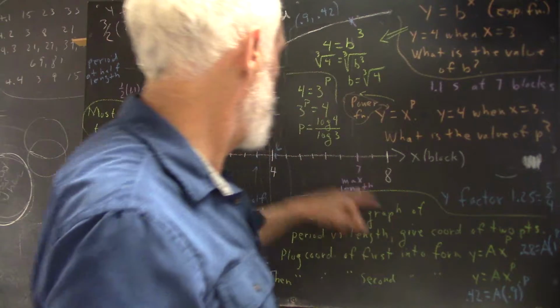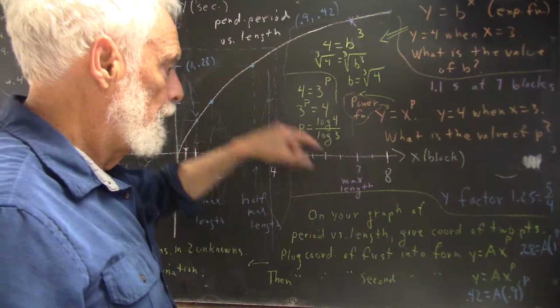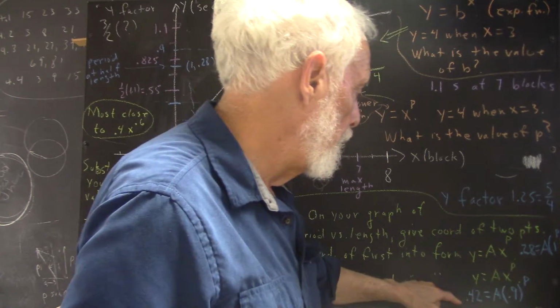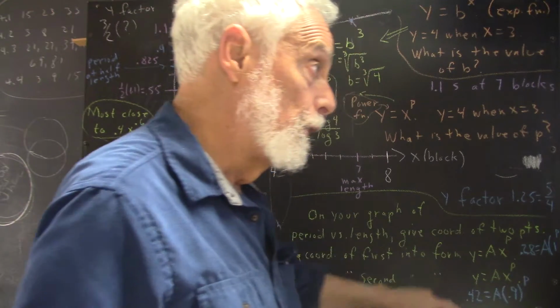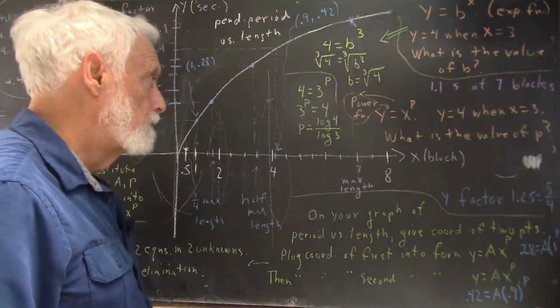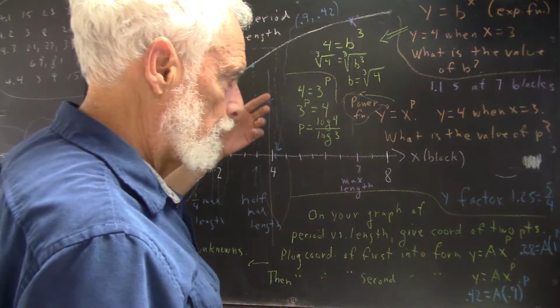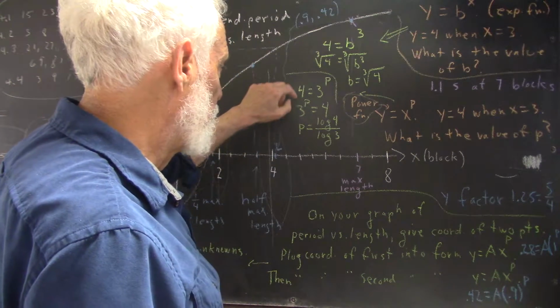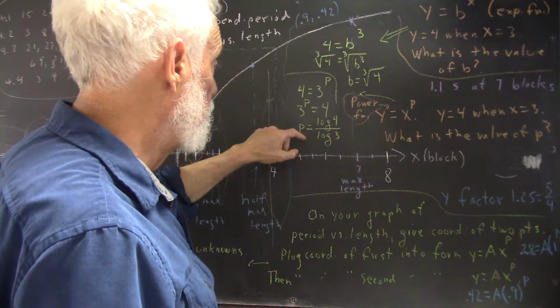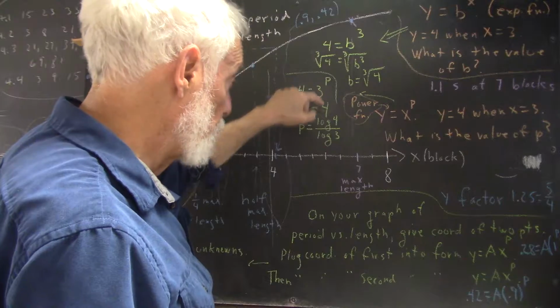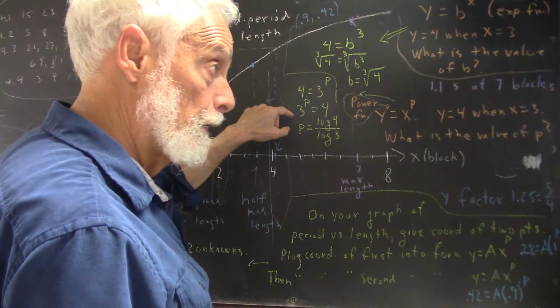At that point, I have an equation just like this. Some number to the p power equals whatever the left-hand side is here. In this case, it's 2/3. So we would have some number raised to the p equals 2/3, and p would equal the log of 2/3 divided by the log of whatever this number is here.